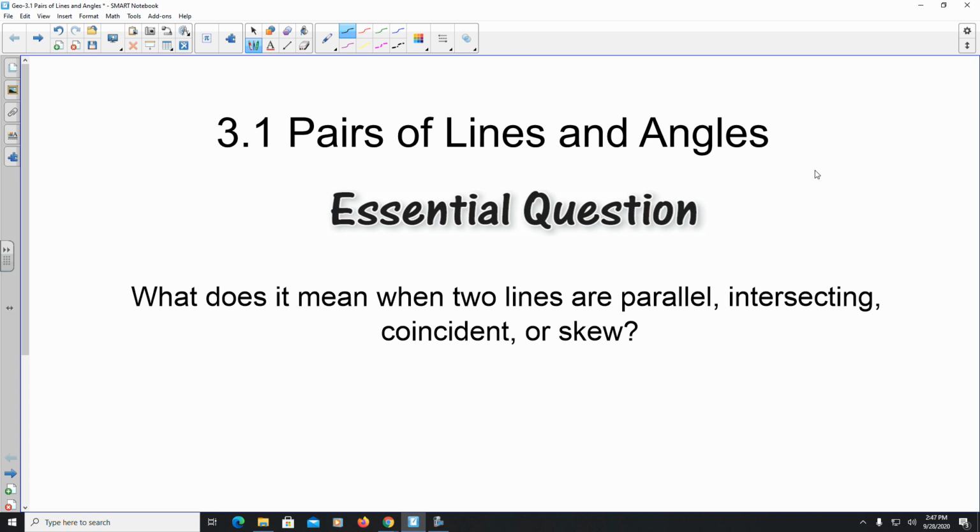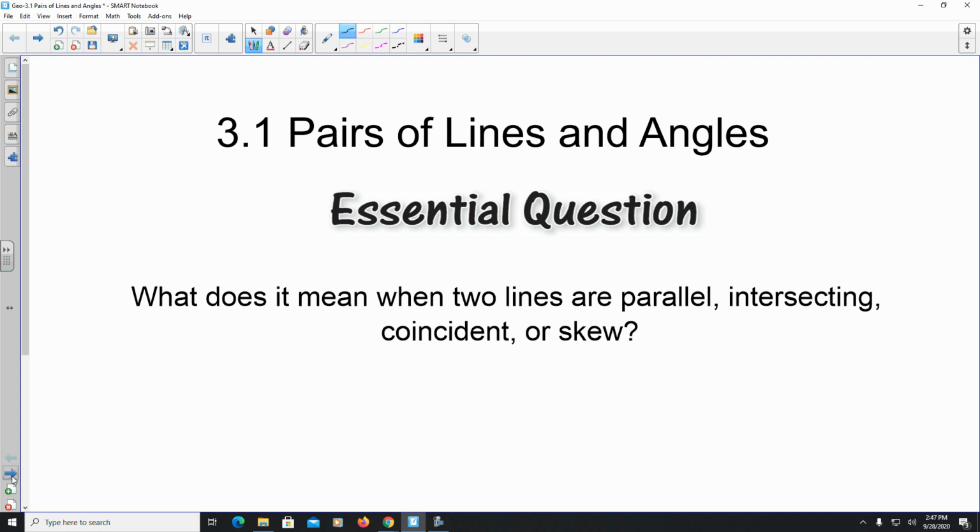We're looking at section 3.1, where we're looking at pairs of lines and angles. So our essential question is, what does it mean when two lines are parallel, intersecting, skewed, or coincident?